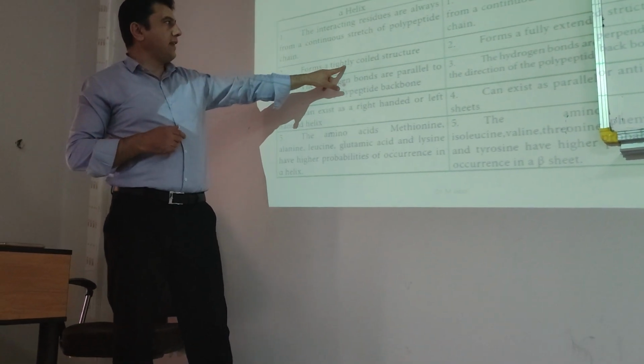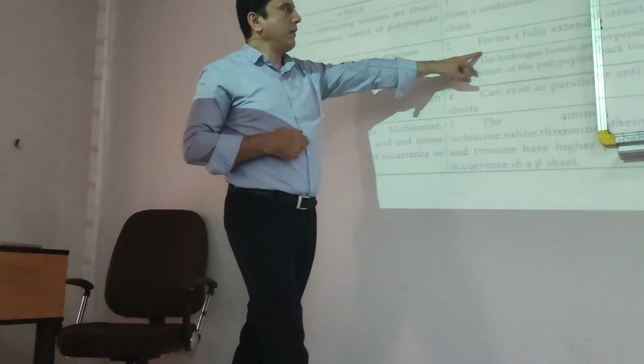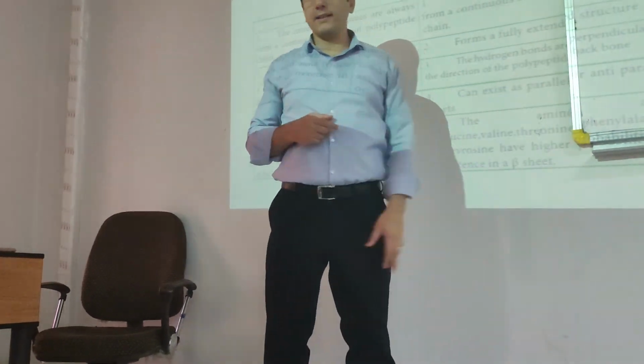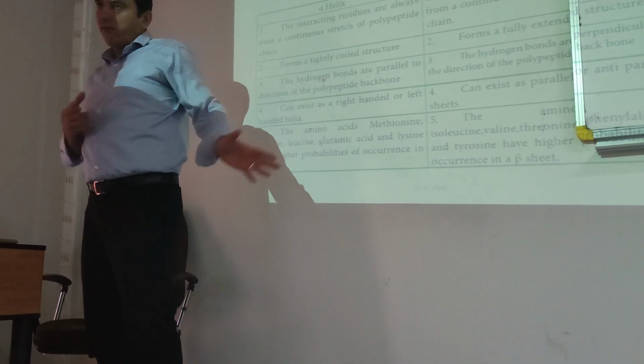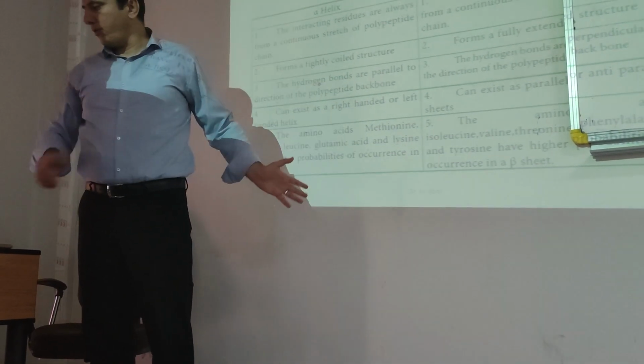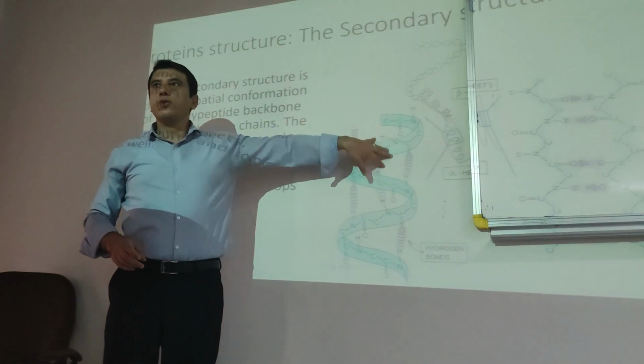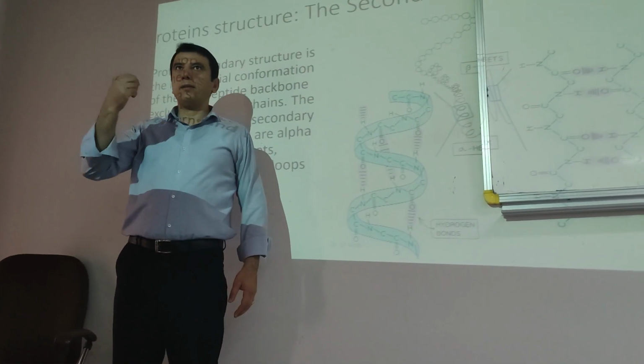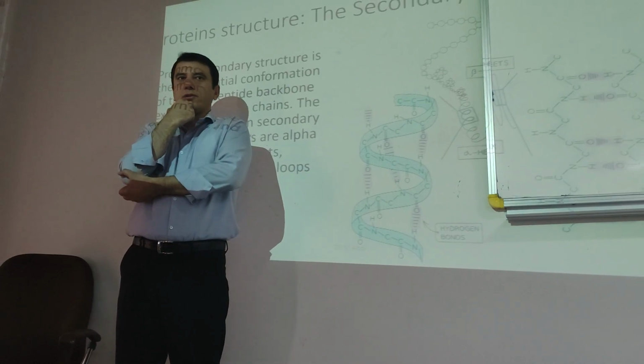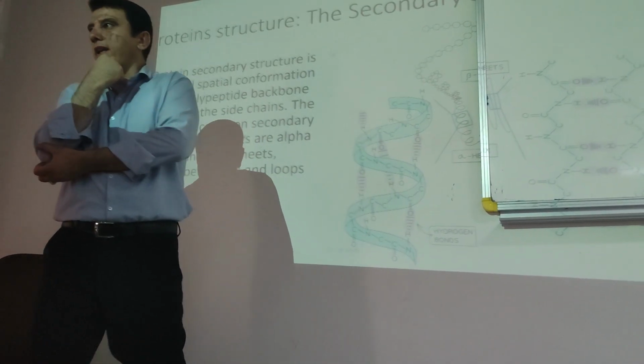Alpha helix forms an entirely coiled structure, while beta sheet forms a fully extended structure. As I explained, and you can see in this picture, alpha helix is like a coil. I don't know what you can say in Arabic.